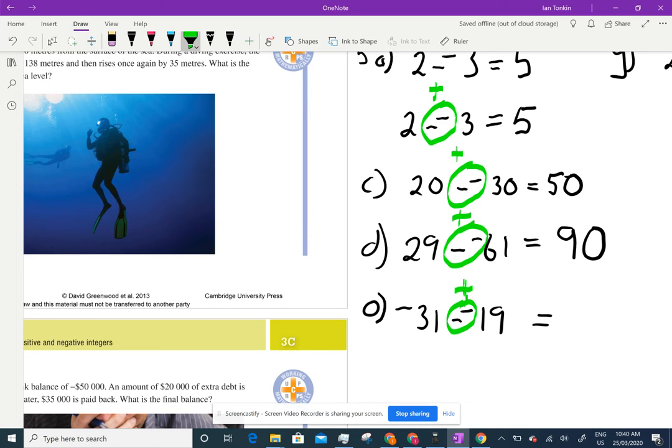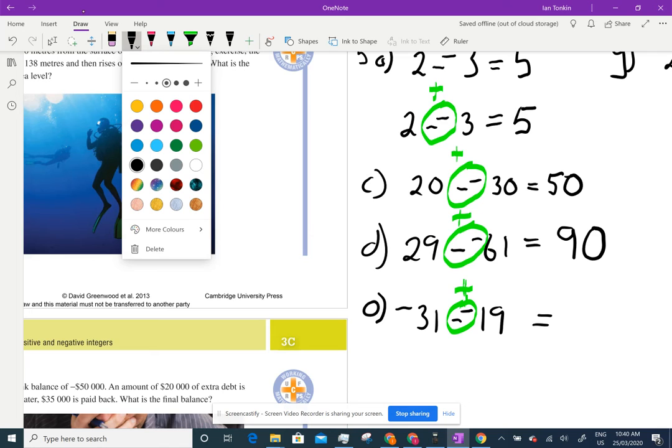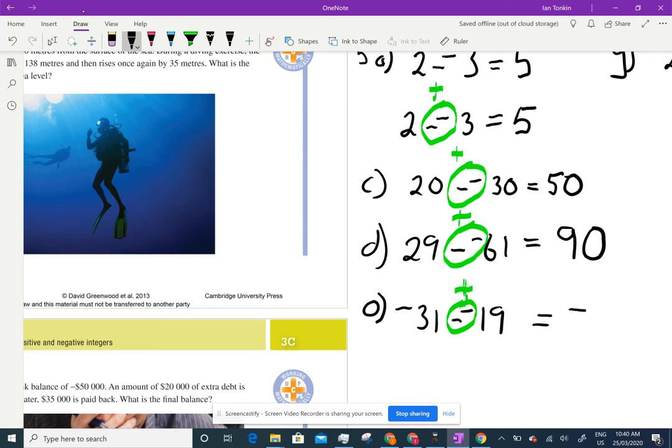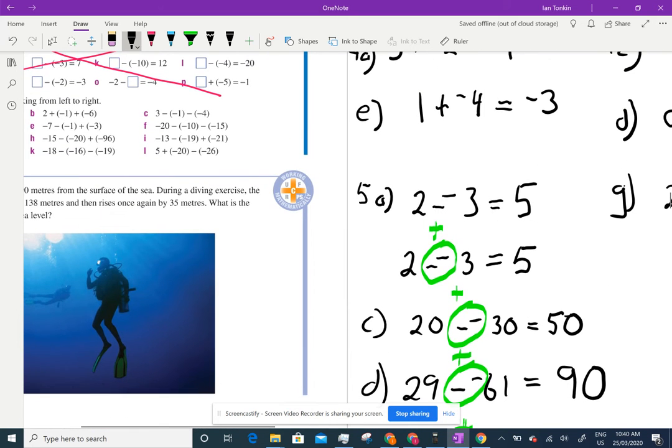Now this is a bit hard. Negative 31 plus 19. It's negative 31 degrees and it goes up 19 degrees. Well, it's still negative. It hasn't gone up enough. Negative 12. So imagine you're at negative 31. You go 19 spaces to the right on your number line and you'll end up at negative 12. That's a little bit hard. Hopefully you're able to deal with that.